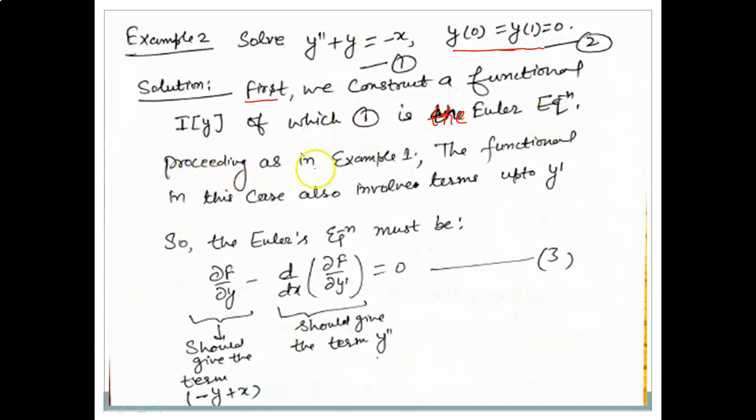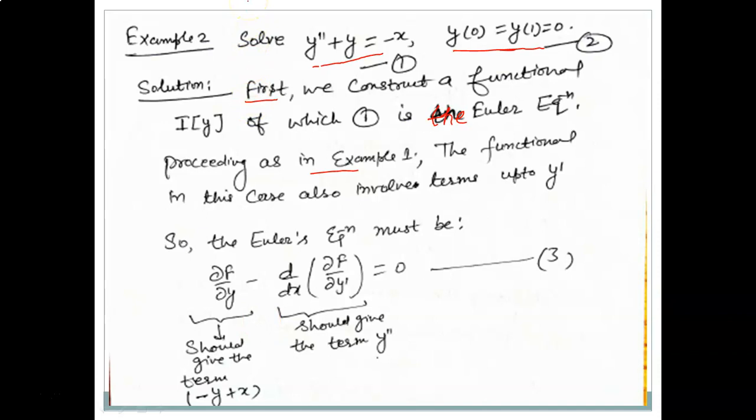Now proceeding as in example 1, the functional in this case also involves terms up to y dash. So the Euler equation must be this. As you can see here in the problem, this term should give us y double dash, and this term should give us minus y plus x, because there is involvement of this.